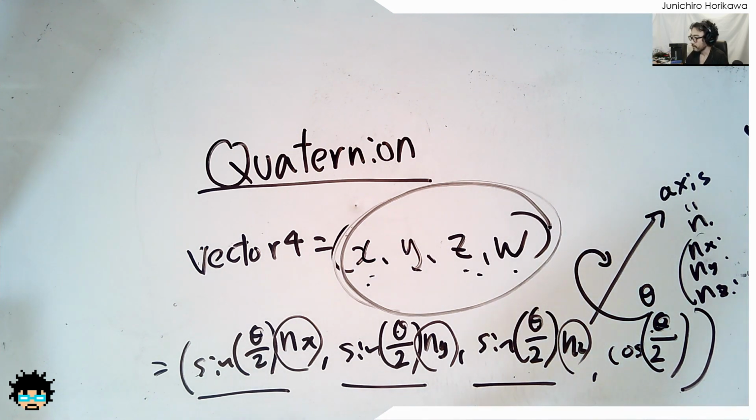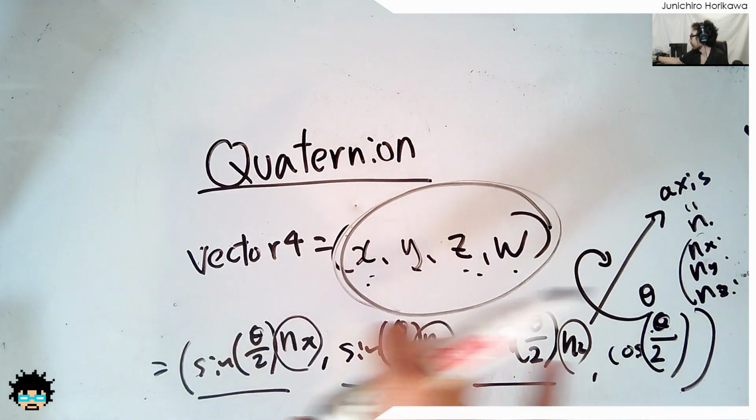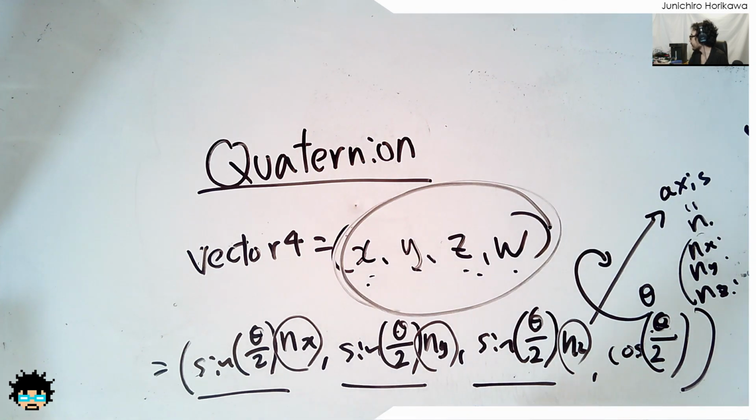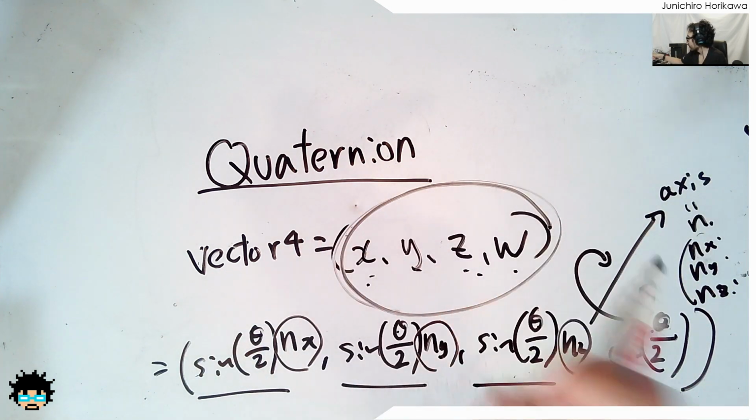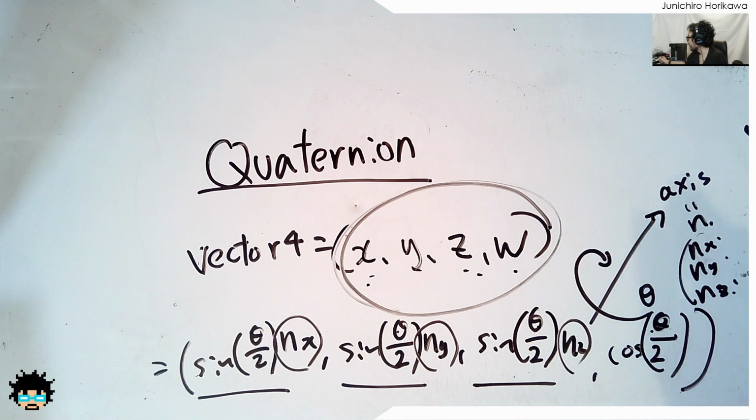But when you're using VEX functions, all these are hidden inside the function, so you don't really need to remember these equations. Just remember that this quaternion is expressing two main values. One is the axis for the rotation and one is the angle for the rotation.